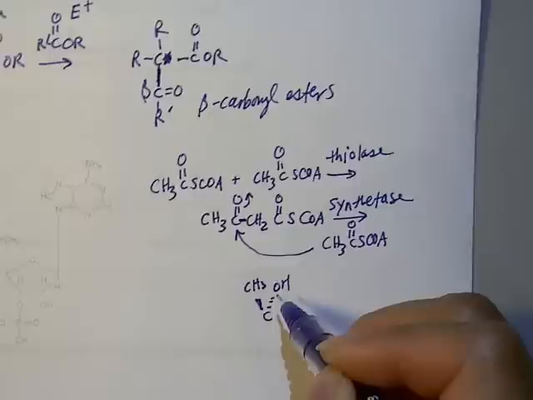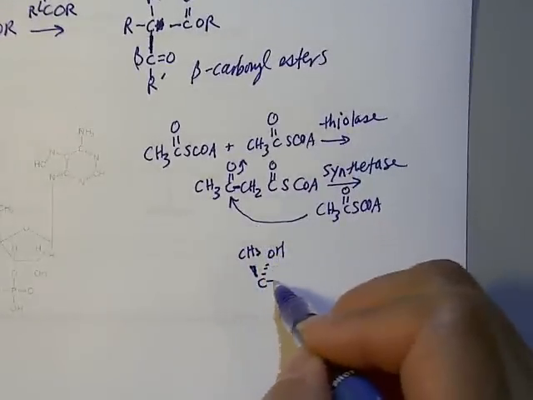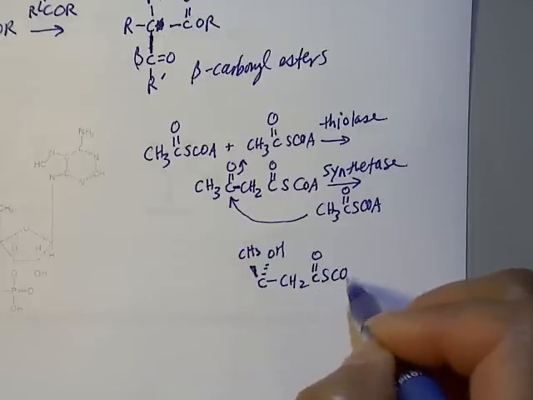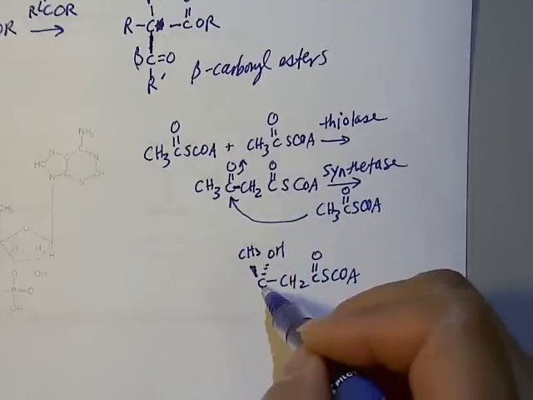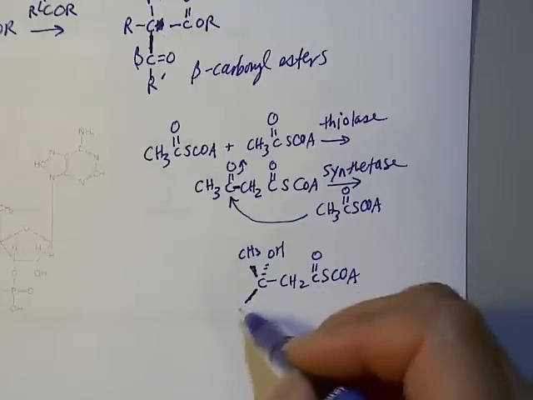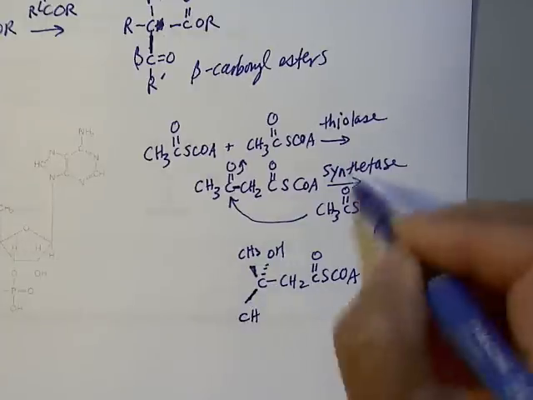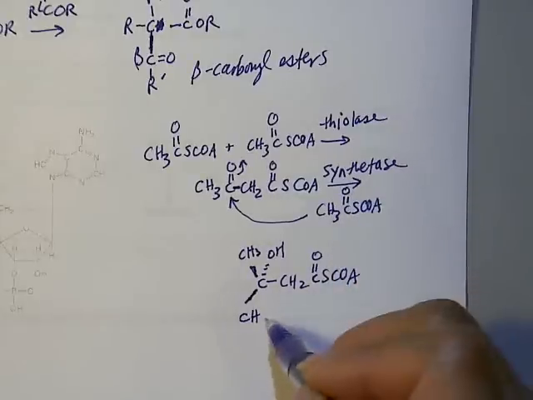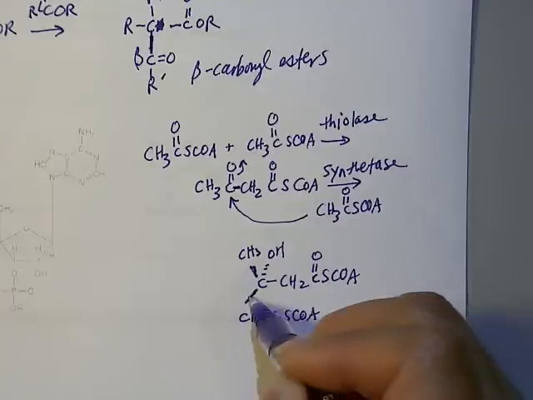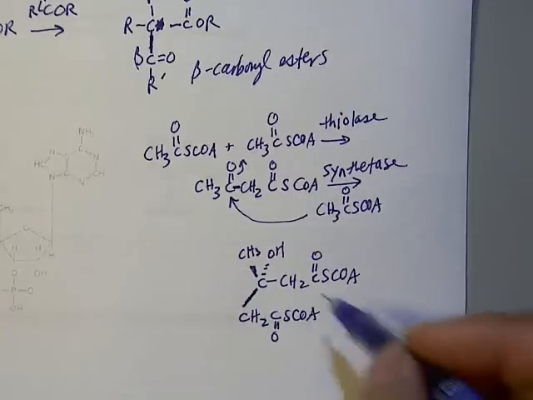And like all enzymatic reactions, this is done chirally. So this part is exactly the same. This carbon now makes a carbon-carbon bond with this enolate, to make this carbon-carbon bond.